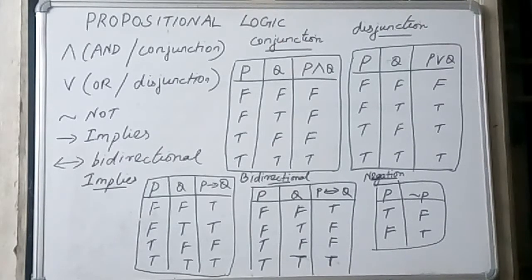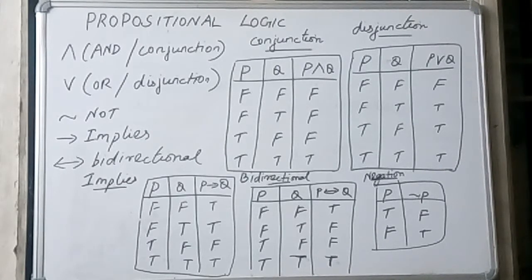Then 0 plus 1 is 1, 1 plus 0 is 1, and 1 plus 1 is also 1. That is, false or false is false, false or true is true, true or false is true, and true or true is true. So this is the truth table of or.